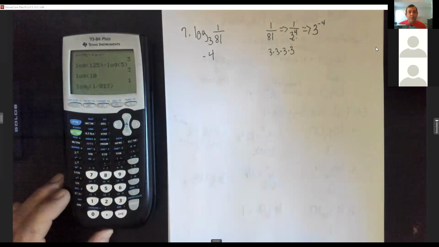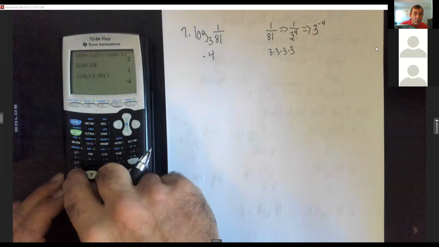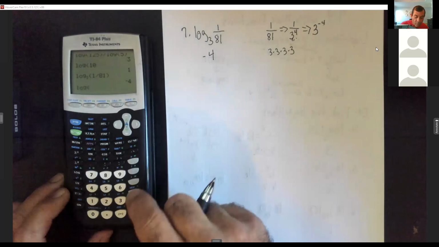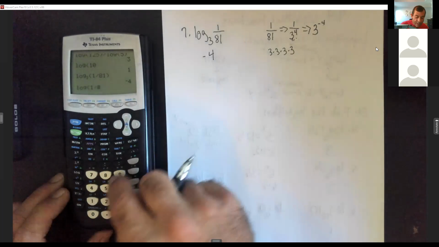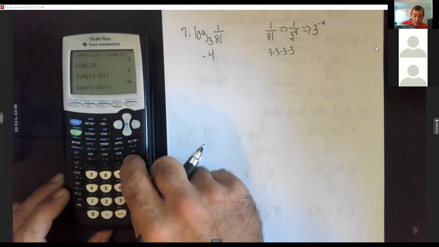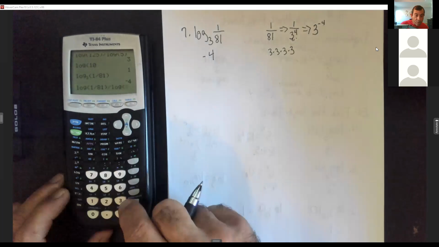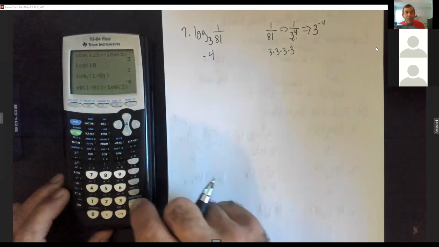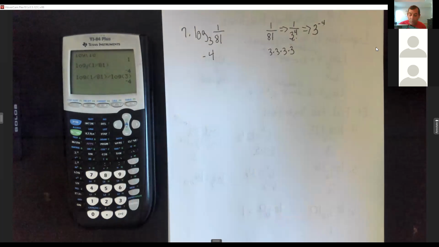Once you do that, it's going to spit out a -4. Carol, what you would do is log of 1 divided by 81 in parentheses, and then divide that by the log of your 3, and when you hit enter, you're still going to get a -4.